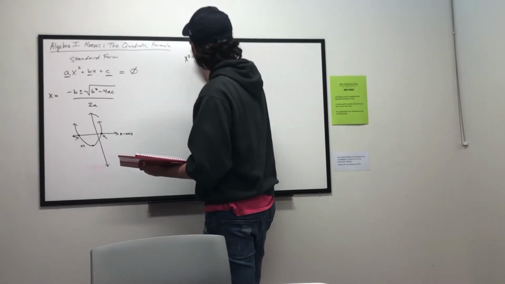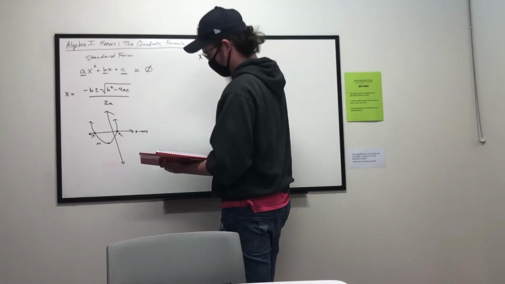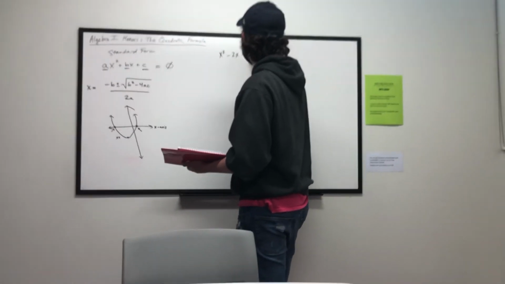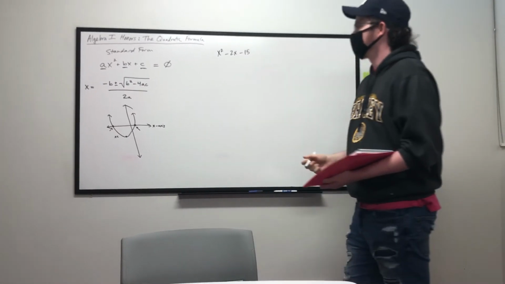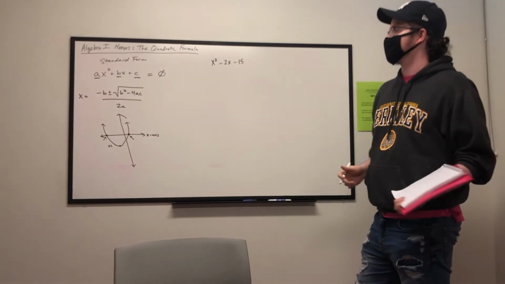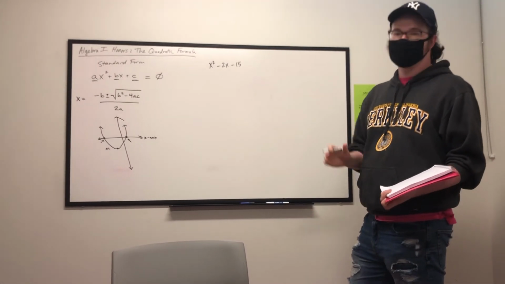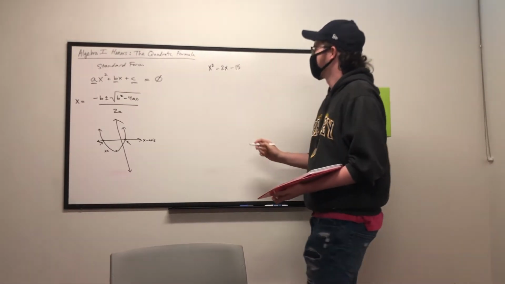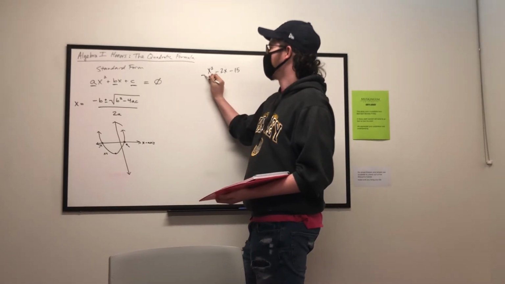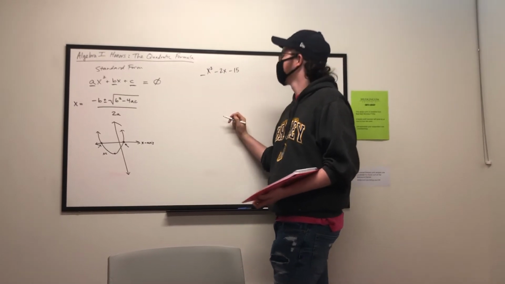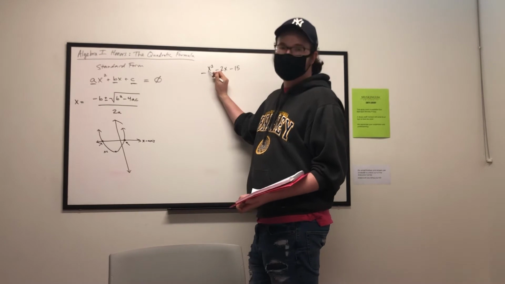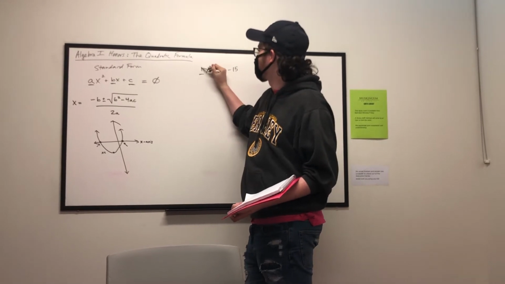So here I have x squared minus 2x minus 15. Now I know this looks a lot different from all that, but we're going to get to it. So you think, well, where's the a term, Mr. Romero? Well, if you don't see anything in front, that means that the coefficient is 1.